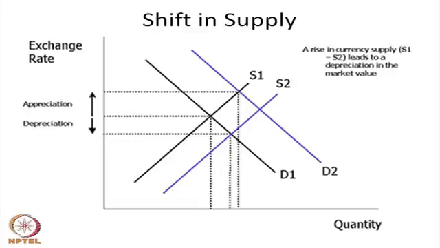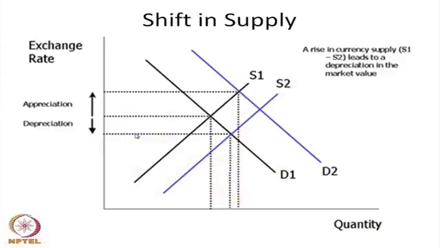However, if supply and demand increase together, we have a new equilibrium point. The new equilibrium may show appreciation or depreciation, depending upon the level of demand and level of supply. If the level of demand is more, then at the new equilibrium the domestic value of currency may depreciate.